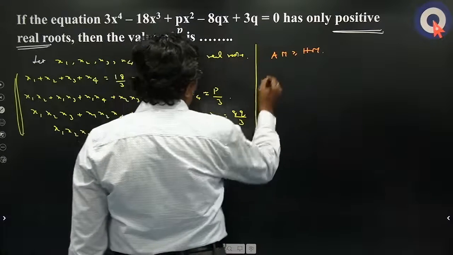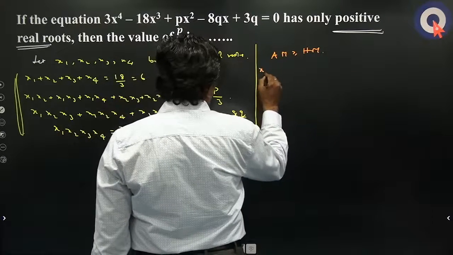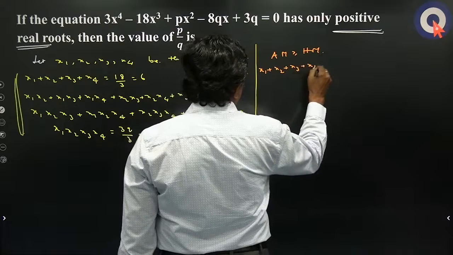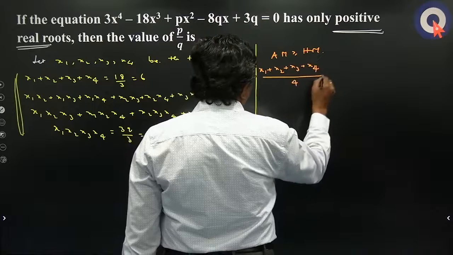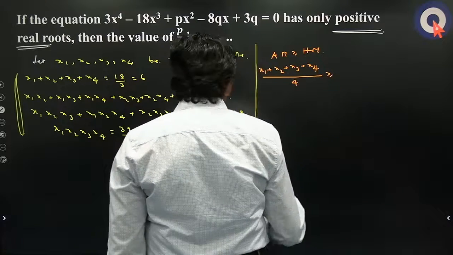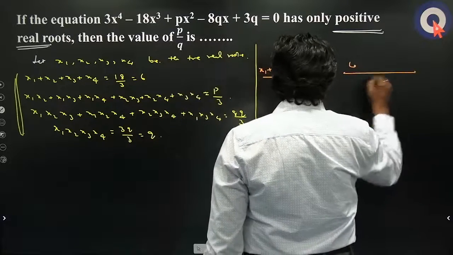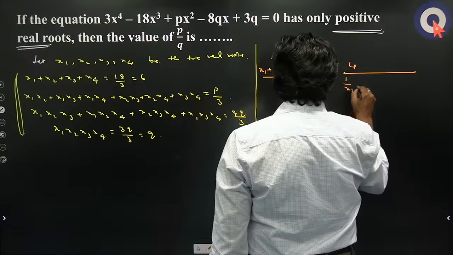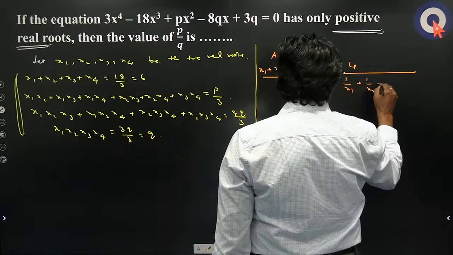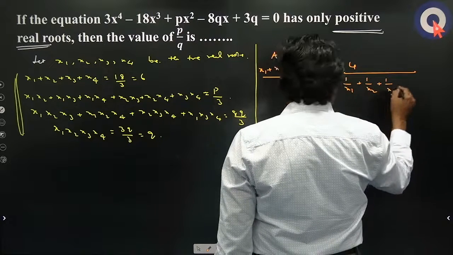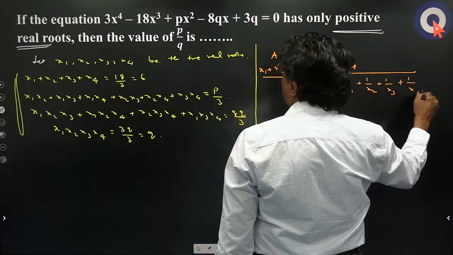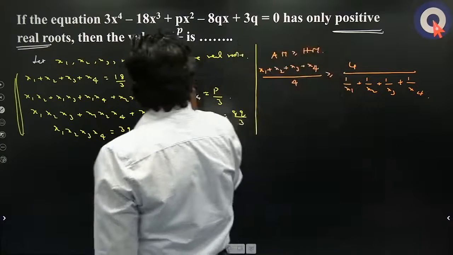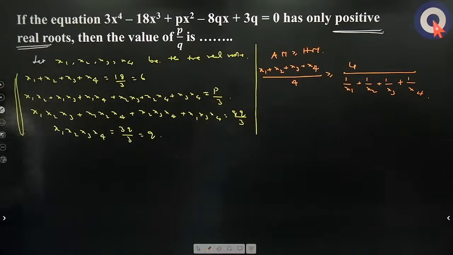So the arithmetic mean, of course, x1 plus x2 plus x3 plus x4 by 4, is greater than or equal to the harmonic mean, which is 4 by 1 by x1 plus 1 by x2 plus 1 by x3 plus 1 by x4. Let me just check the question once.